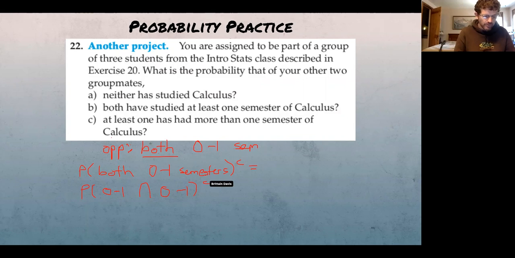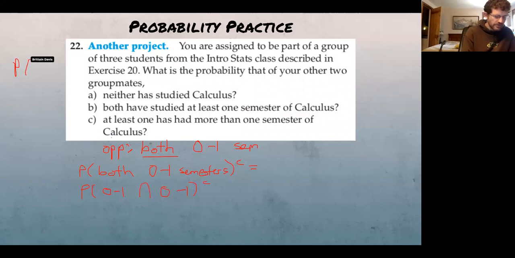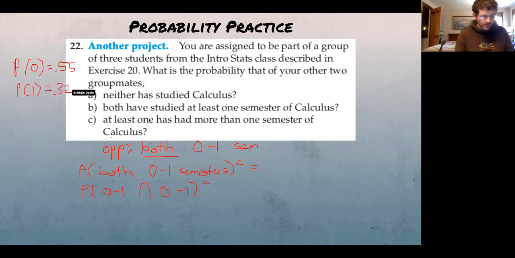So what's the probability that 0 or 1 semesters were taken? Well, it's just going to be the probability of 0, which was 0.55, and the probability of 1, which was 0.32. It's those 2 added together. So the probability that someone has done 0 or 1 semesters is going to be 0.87.